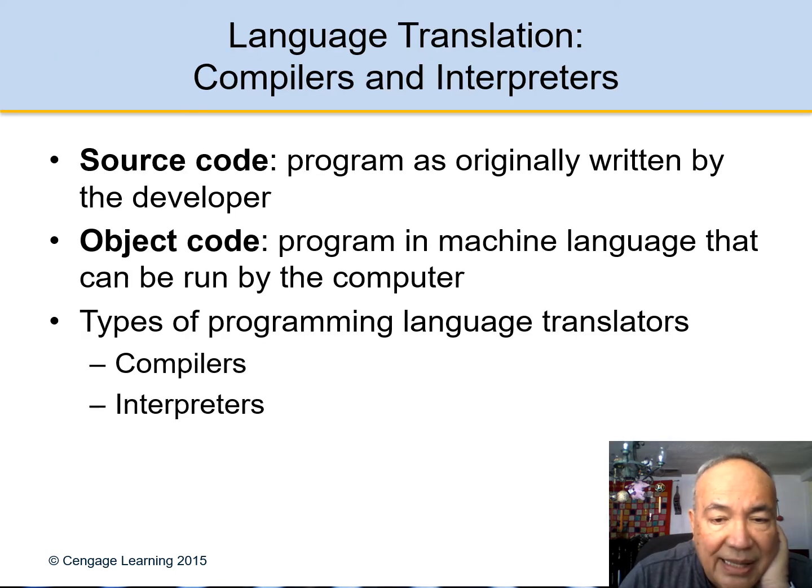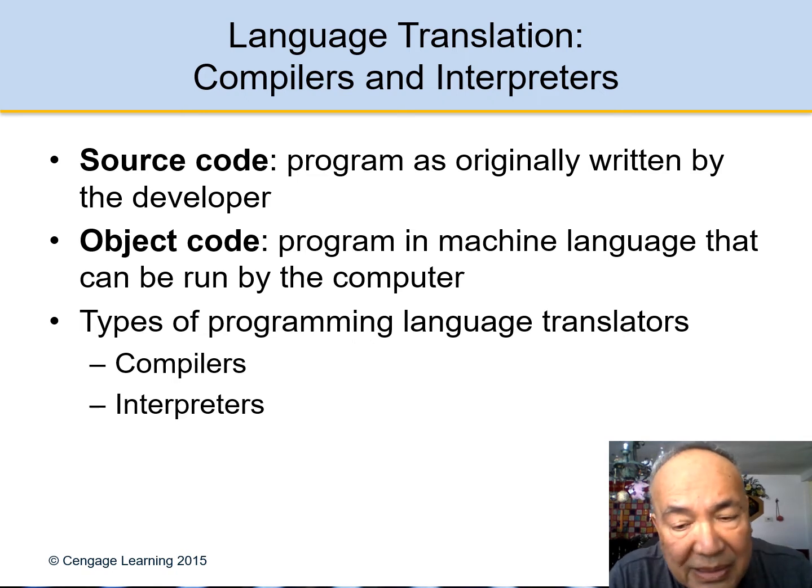So language translation. Now remember, all of this goes back to the machine language. Now we have two kinds of language. The machine language is the language that really the computer can understand, and these are zeros and ones.